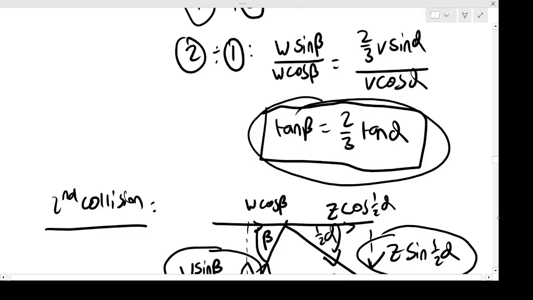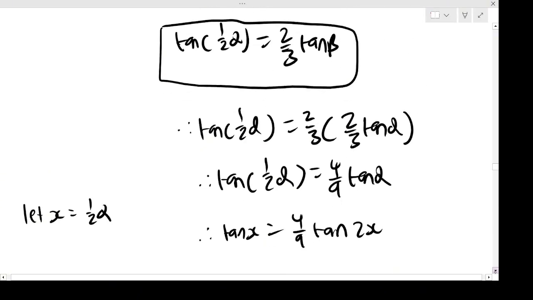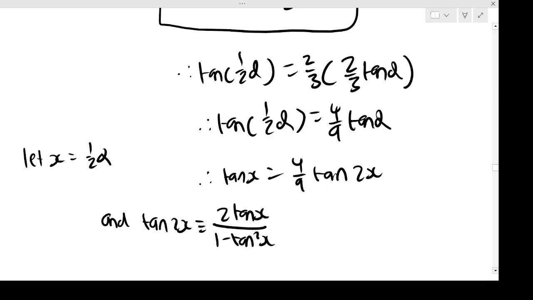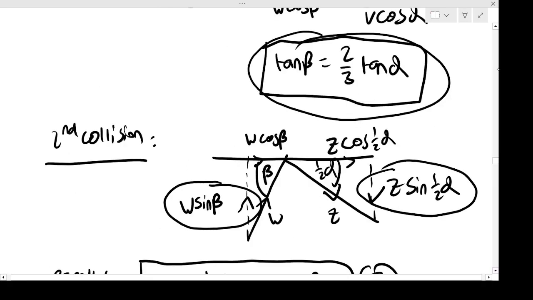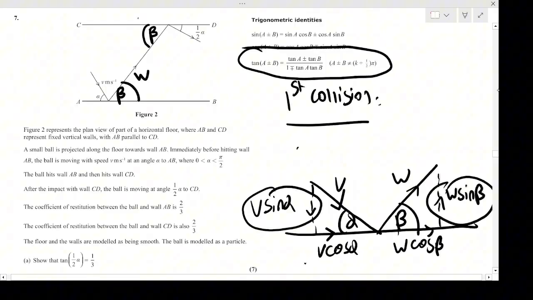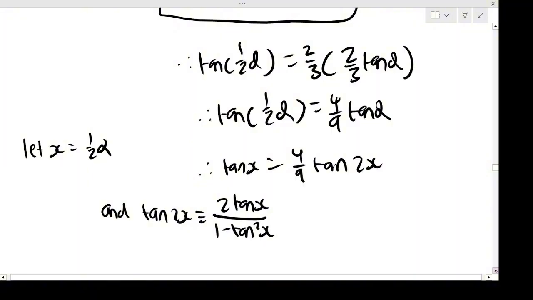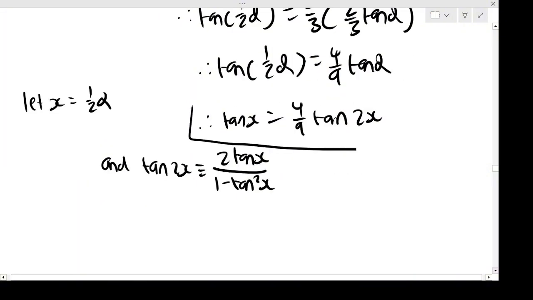I'm going to say tan 2x is also going to be 2 tan x over 1 minus tan squared x. So if I substitute that in then into this equation here, therefore tan x is going to be 4/9.